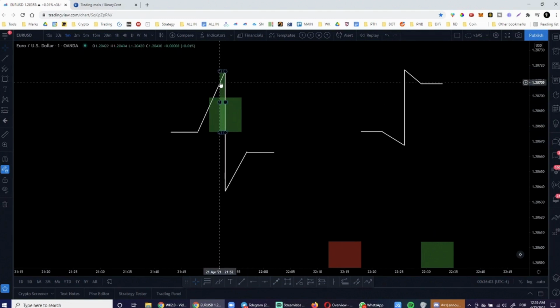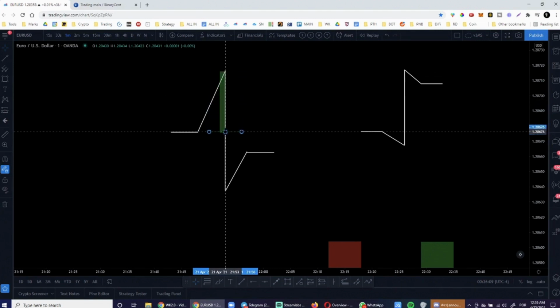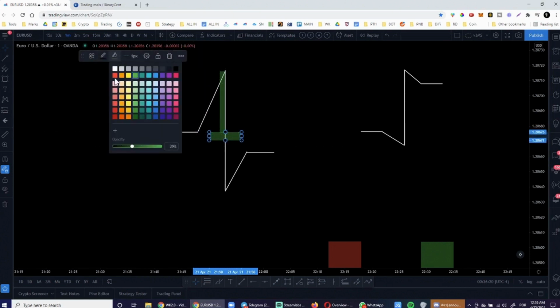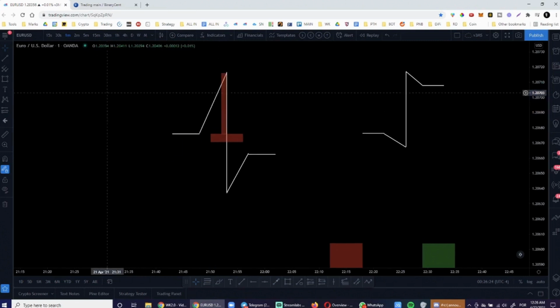So for that, as it's dropping, it's leaving a wick, and it goes all the way back to the entry or the starting point, and it starts to go down. As it passes this going down, well, the candle changes colors. Now the wick and the body will change colors.